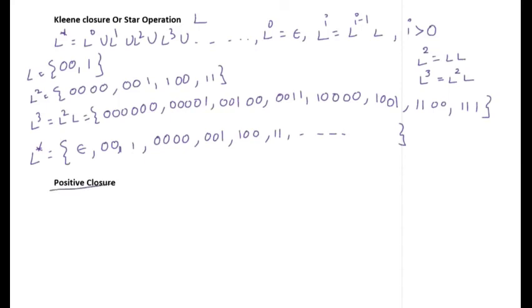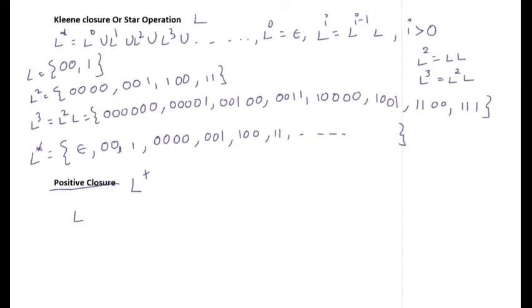Let us see positive closure. Positive closure consists of only non-empty strings. That is, positive closure of L can be represented as L power plus. That means we are just excluding this empty string from L star.